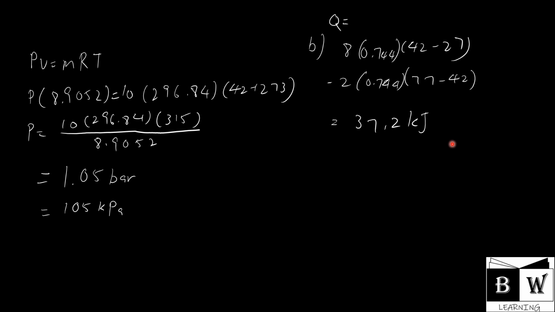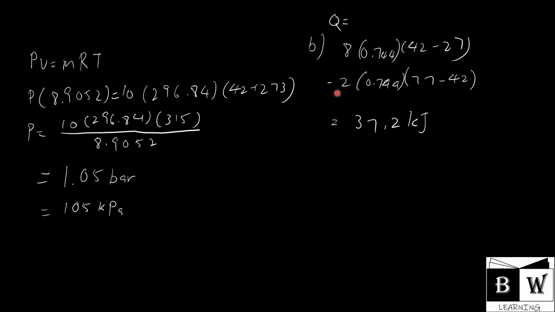But because tank B is gaining heat, while tank A is losing heat, we need to subtract the heat transfer between the two tanks. So this first line is the amount of heat transfer coming into tank B, taking 8 kilogram multiplied by the Cv of carbon monoxide, which is 0.744, and multiplying by the temperature difference, which is 42 minus 27.